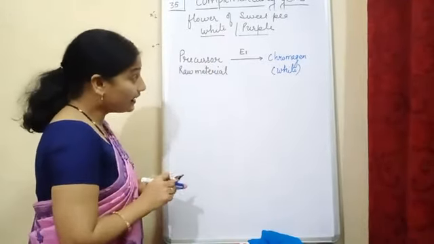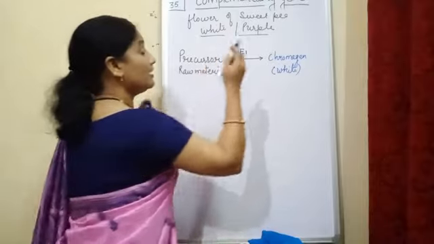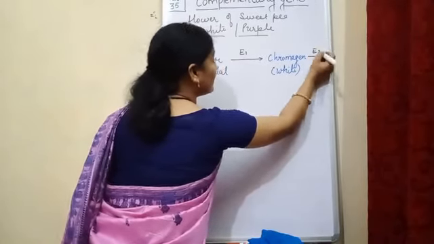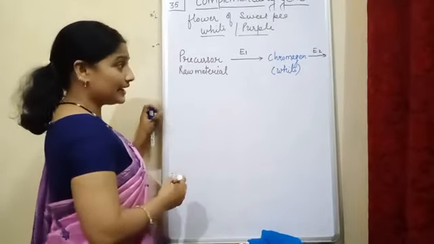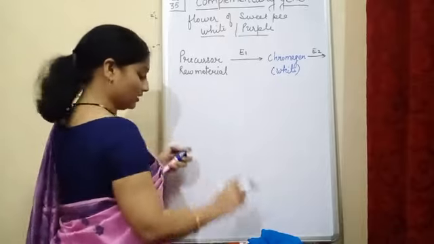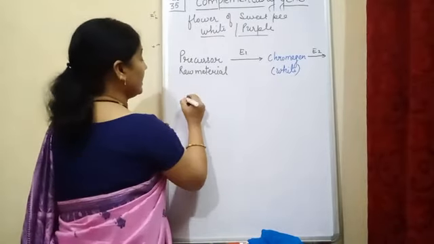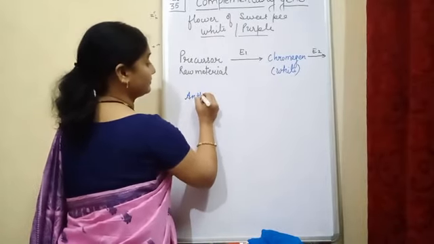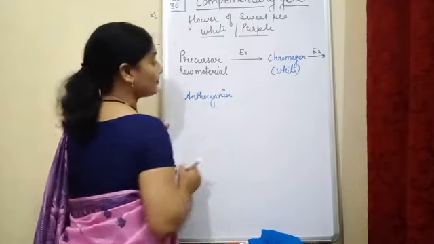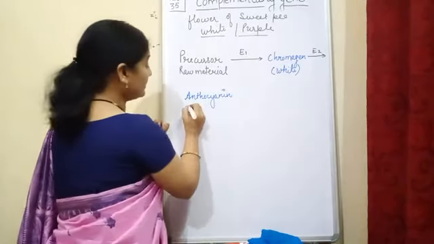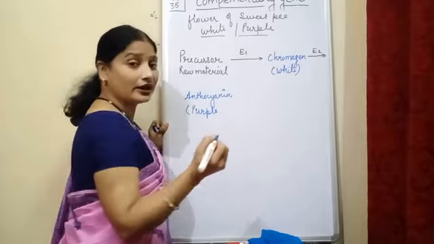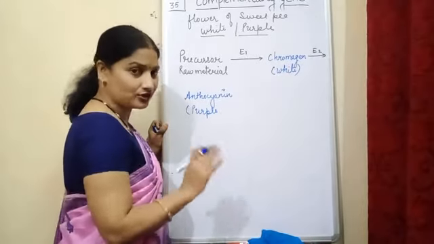Okay. Then there will be one more enzyme named E2, and this enzyme will produce one chemical called anthocyanin. Okay, and this anthocyanin is responsible for purple, or in your book it is written as red color, so no issue.